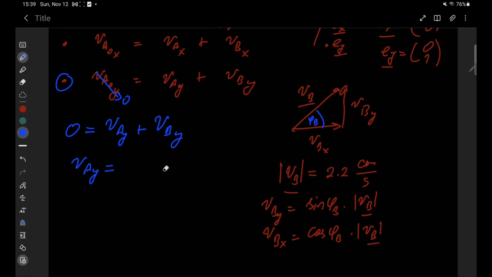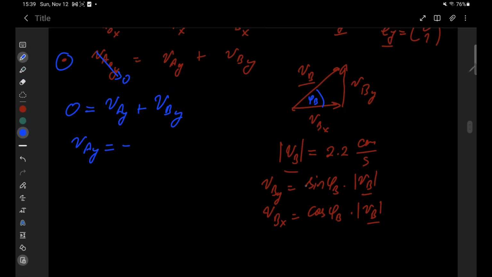And what is minus VBY? Well, minus VBY is just minus of this, so minus sine phi B times the absolute value of VB.